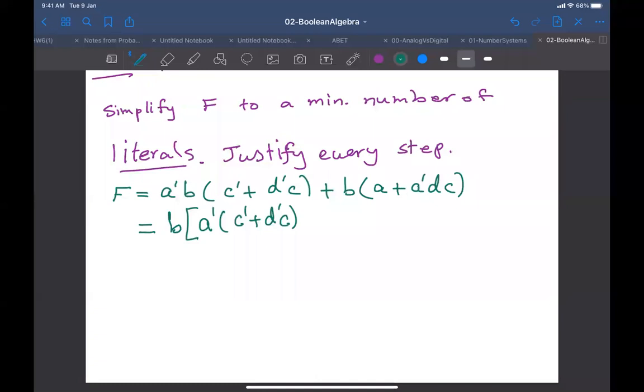And then the second part is going to be this expression without the parentheses because it's preceded by an OR. So we can say A or A complement D C. Is that right?